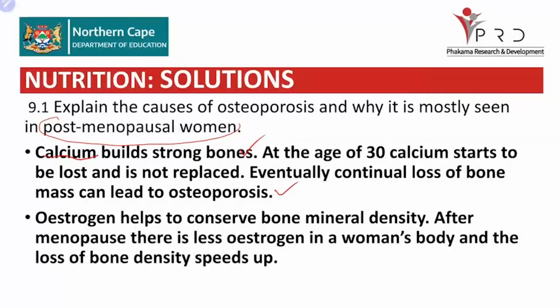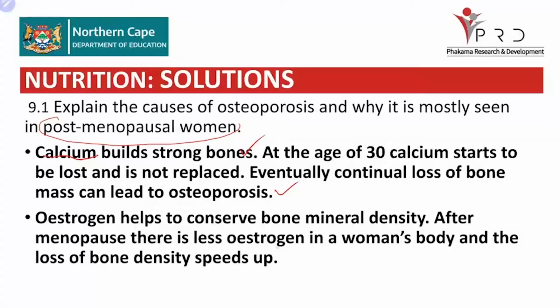Right. And then the other part of our answer says estrogen helps to conserve bone mineral density. So after menopause, there is less estrogen in a woman's body, and the loss of bone density speeds up.